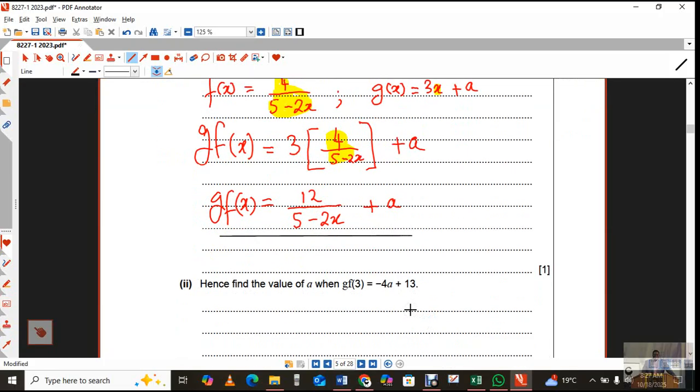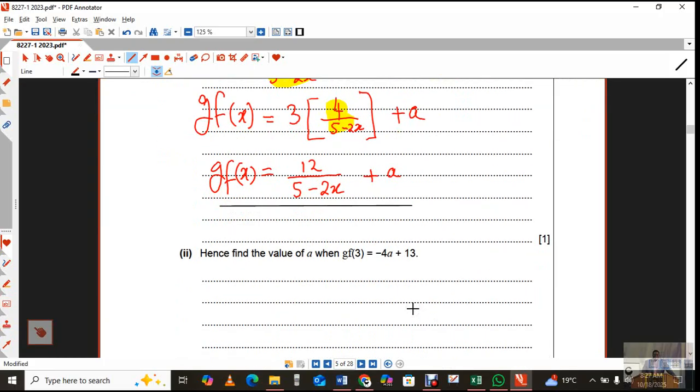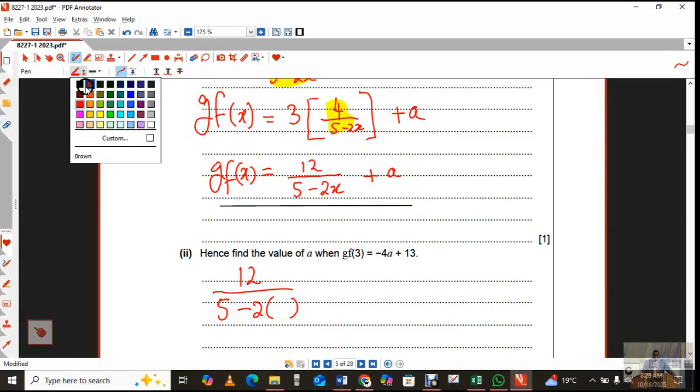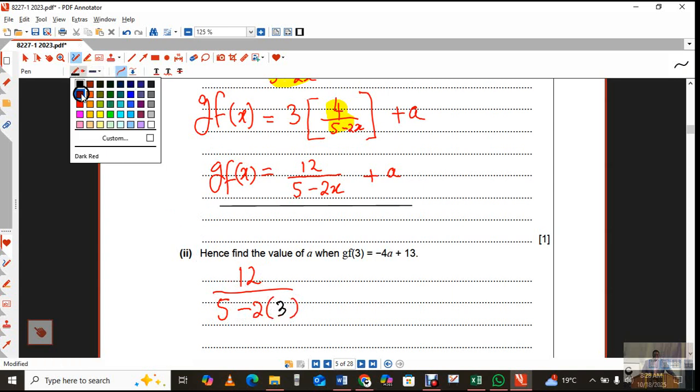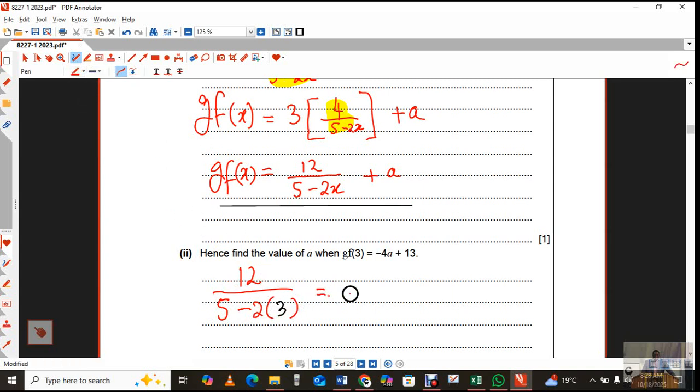Then now they are saying we are supposed to find the value of a when gf of 3 is equal to negative 4a plus 13. So what that means is that when you take our composite function on top, which was 12 upon 5 minus 2x, the value of x is going to be 3, and this should equal negative 4a plus 13.